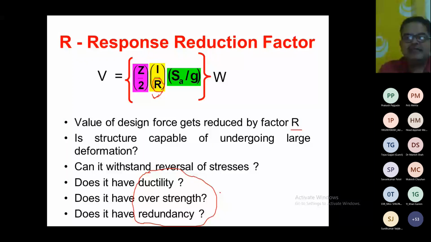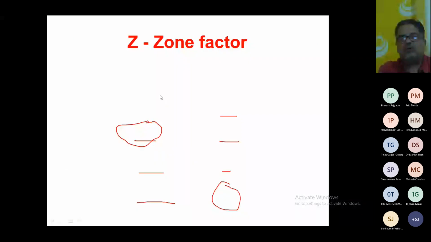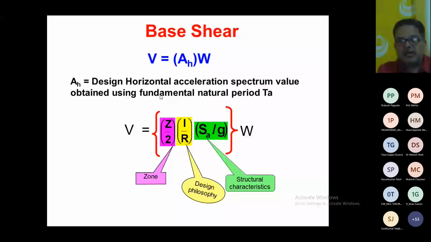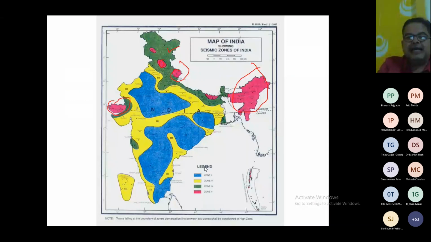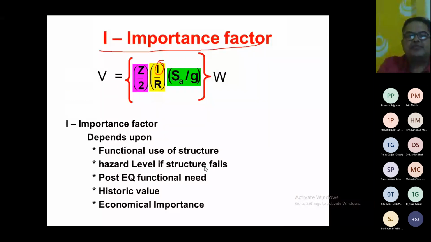This is the R factor, which basically supports our philosophy. Your structure should be ductile. The earthquake releases energy, and your structure has to absorb this energy.